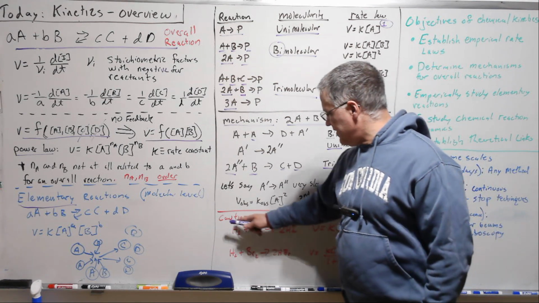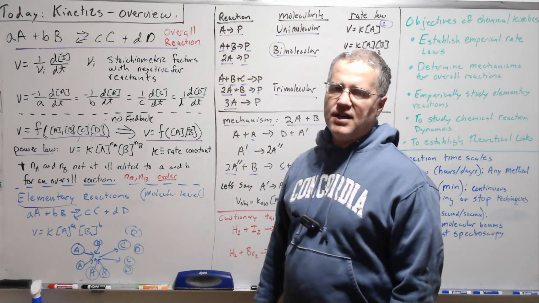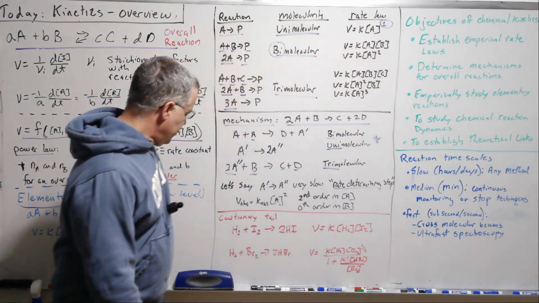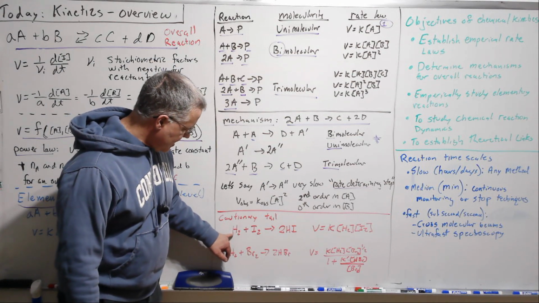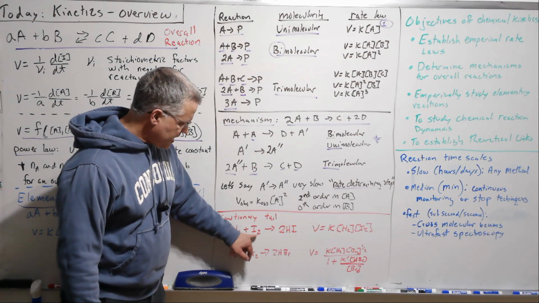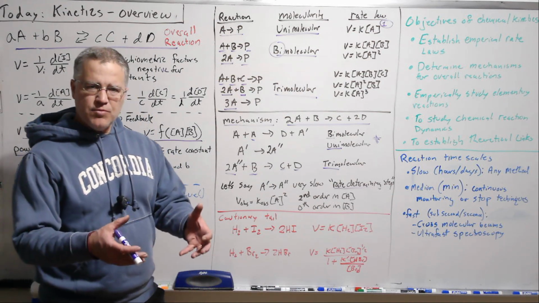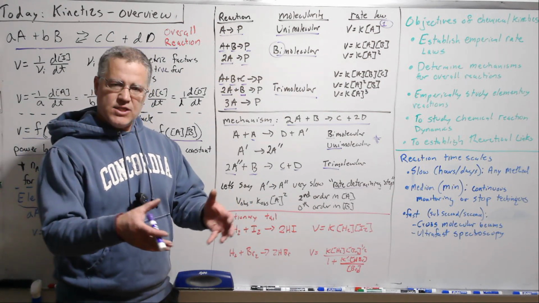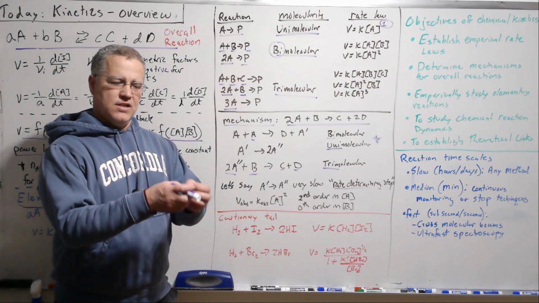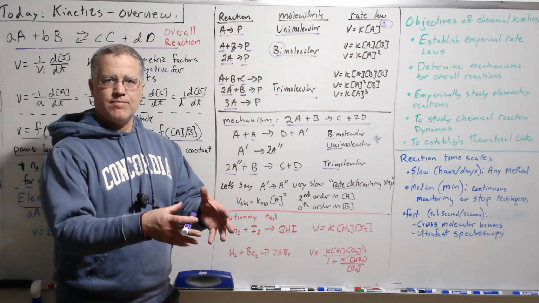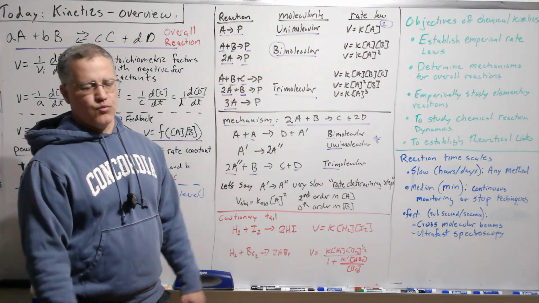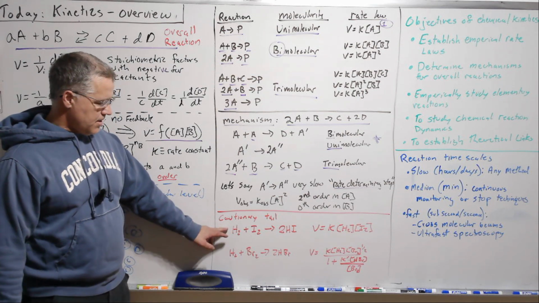There's a nice famous cautionary tale about this. If you look at the reaction dynamics of H2 plus I2 equals 2 HI, very simple molecules, you might reasonably expect that upon a collision, the H bond breaks, the I bond breaks, and HI forms. That would be a very reasonable thing to consider.